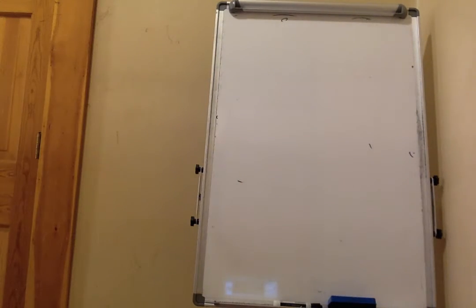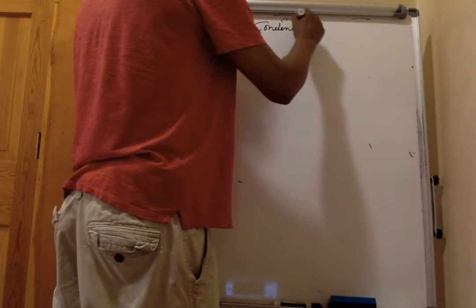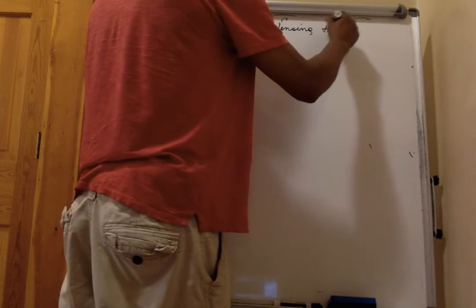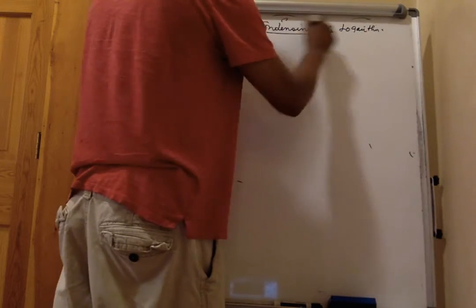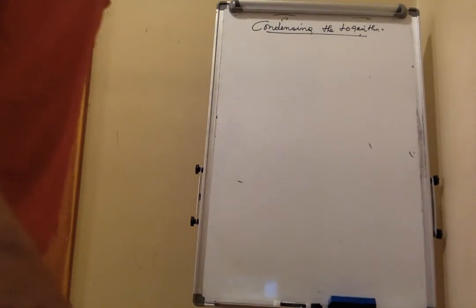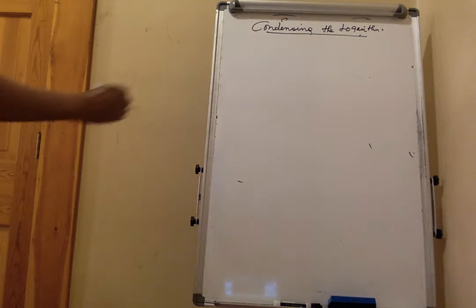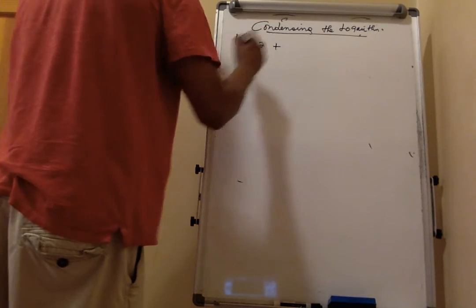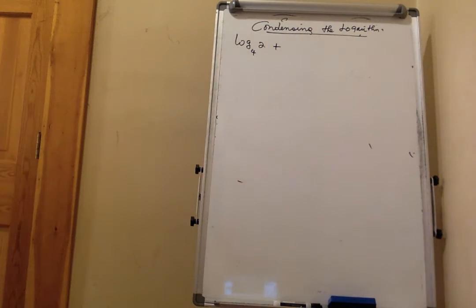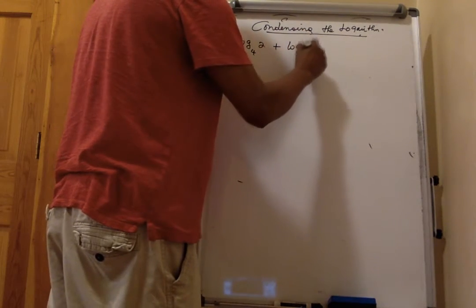We can also go backwards. So suppose condensing it. If we have log 4 of 2 plus log 4 of 32.